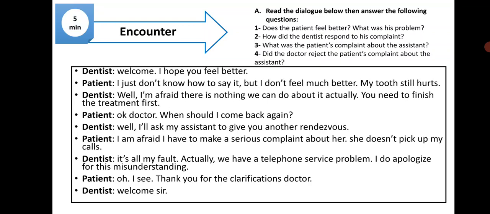So the dialogue is between a dentist and the patient. The patient was a little bit unsatisfied with the treatment or the medications that the dentist prescribed, and he complained about that. The doctor didn't accept his complaint. He rejected it, and he explained why.